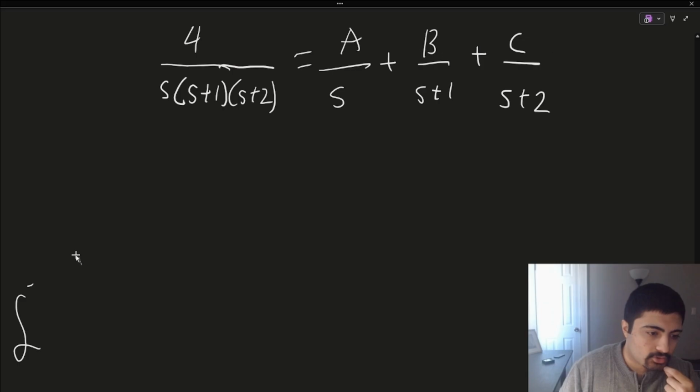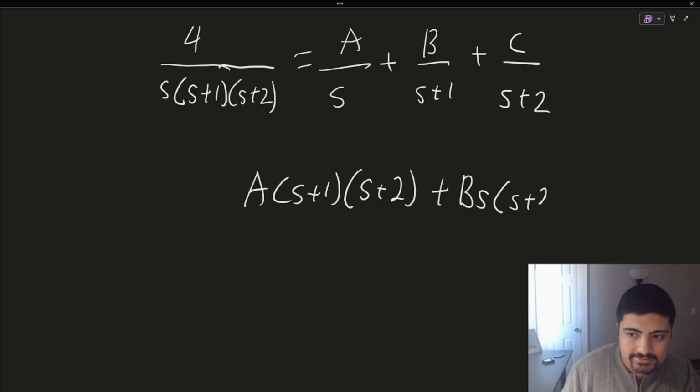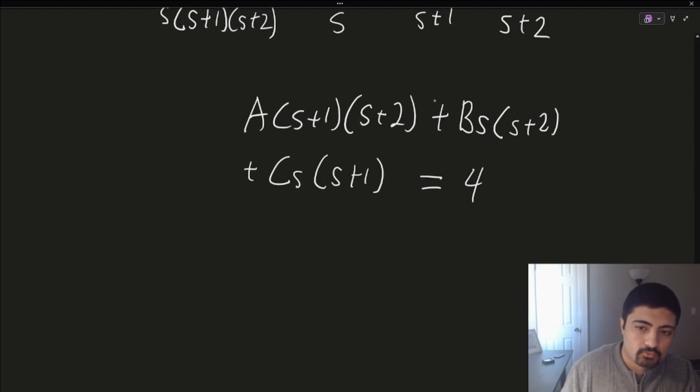So now I'm going to go ahead and do partial fractions here. We're going to expand everything. So we're going to have a times s plus 1 times s plus 2 plus bs times s plus 2 plus cs times s plus 1. And this all must be equal to 4.